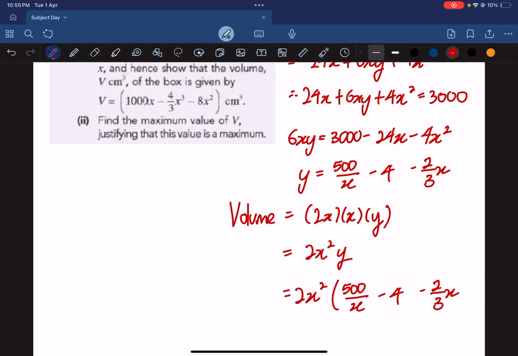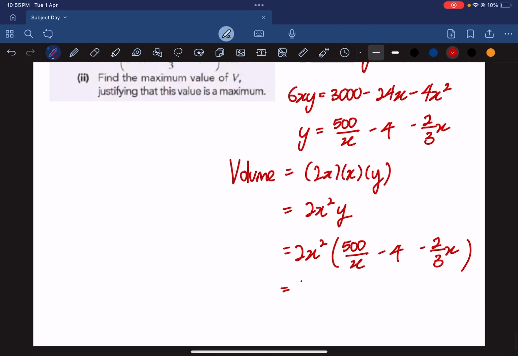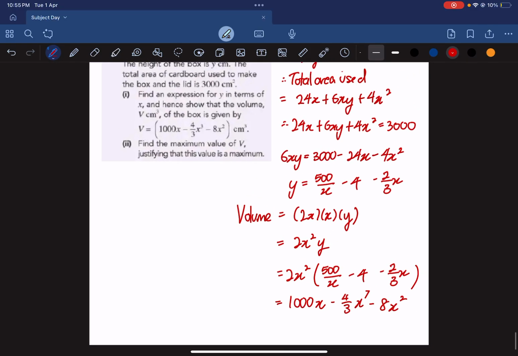Therefore, my volume, I'll get 1000x minus 4 over 3 x to the power of 3, then minus 8x squared. And that will be for part 1. So I know that my volume V is given by this expression.